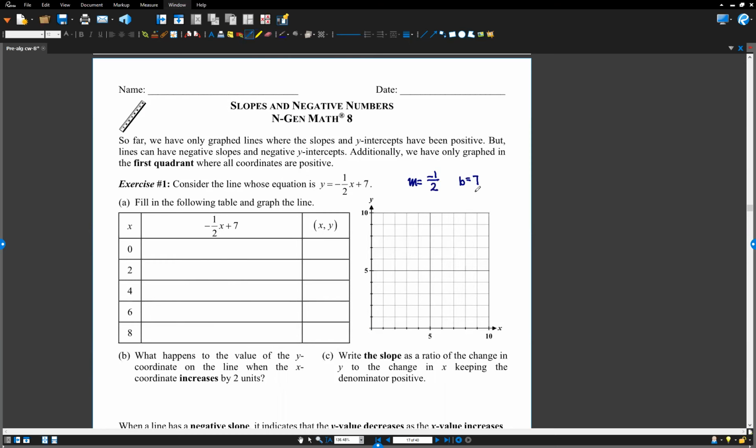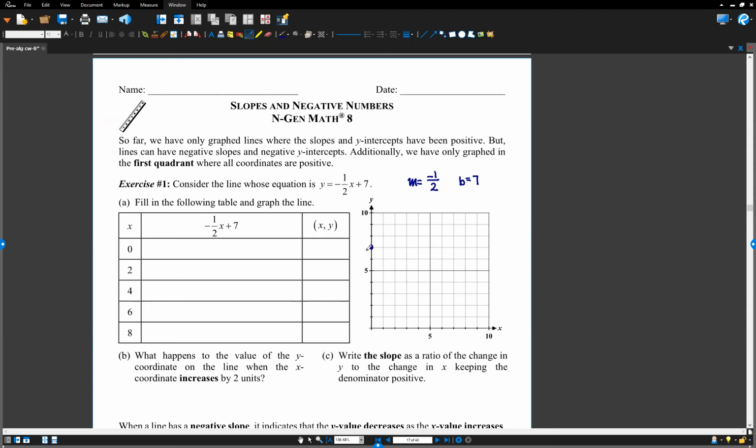This 7 is the y-intercept, which is the starting point on the y-axis. Where is the 7 on the y-axis? Here. This is our starting point, the y-intercept. Now, follow the pattern. A negative slope means the line is going down, not going up.